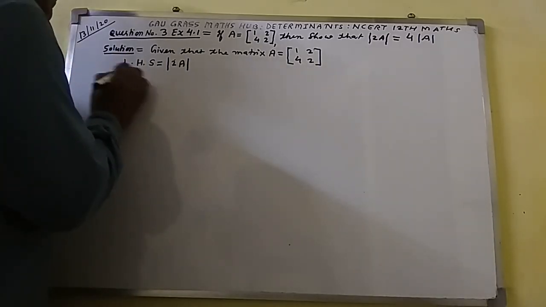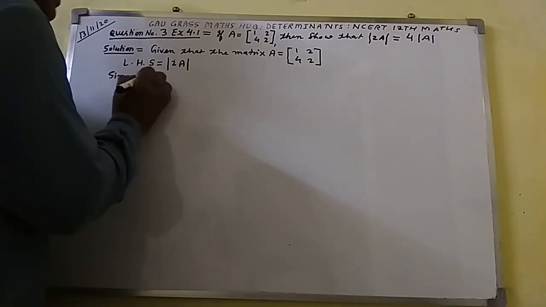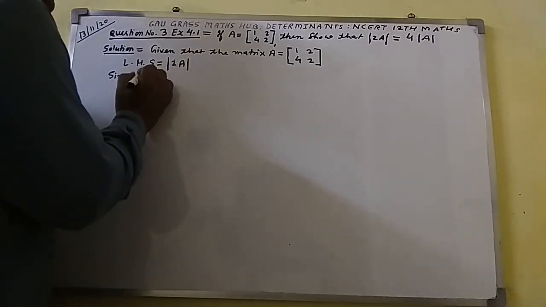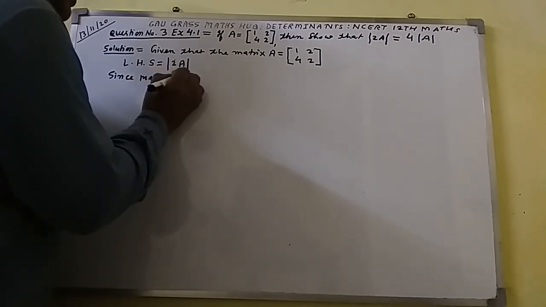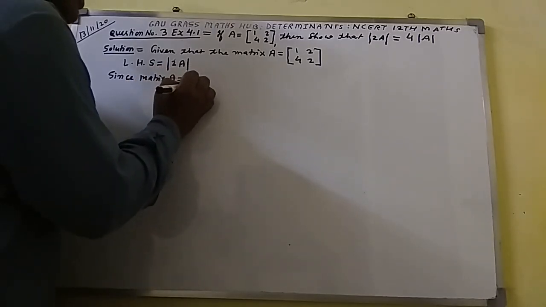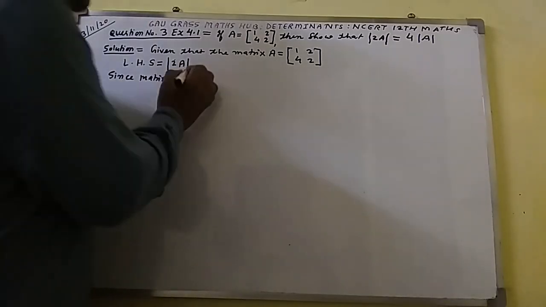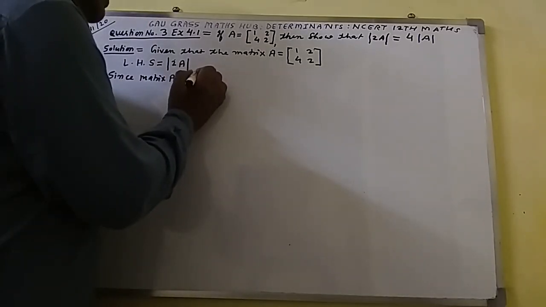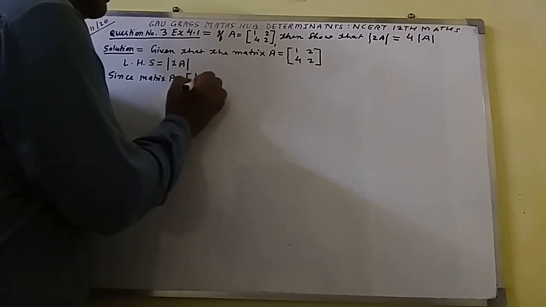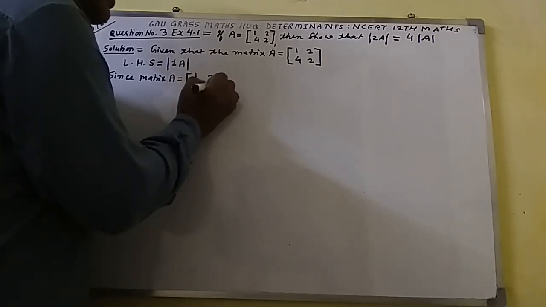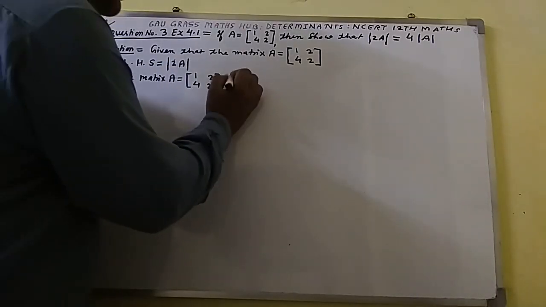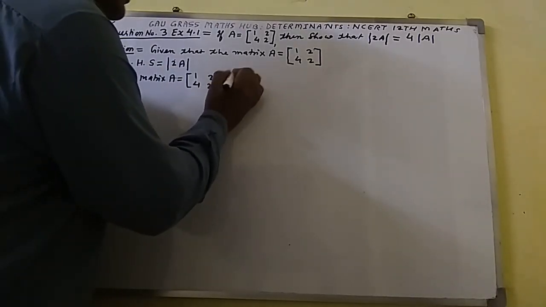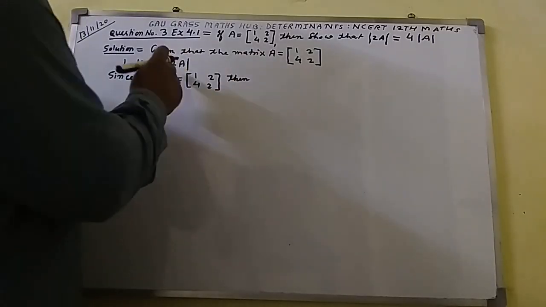Since matrix A equals the square bracket with first row 1, 2 and second row 4, 2, we get the value of 2A.